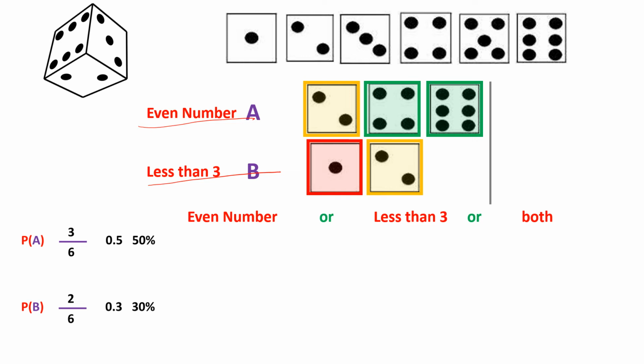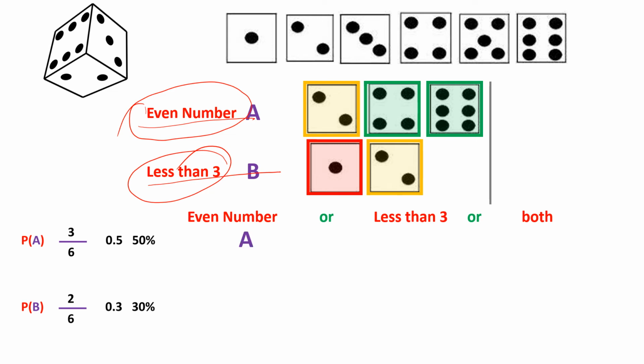So we're going to figure out a set where either we would have an even number, or we would have a number which is less than 3, or we would have a number which satisfies both of these things, right? So in this set we require all those possible numbers. Remember, in the previous example we were trying to find one single, only intersecting number, and here we are trying to find all the numbers from both of these sets except duplicates.